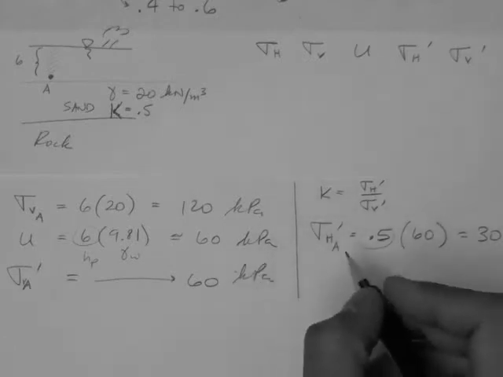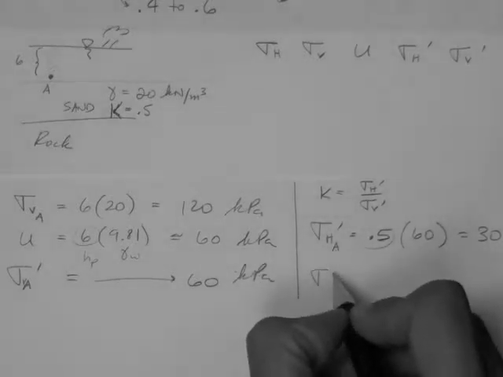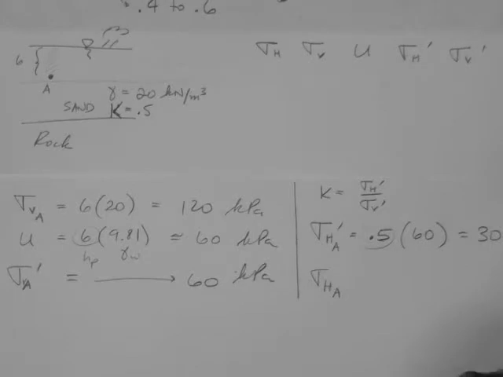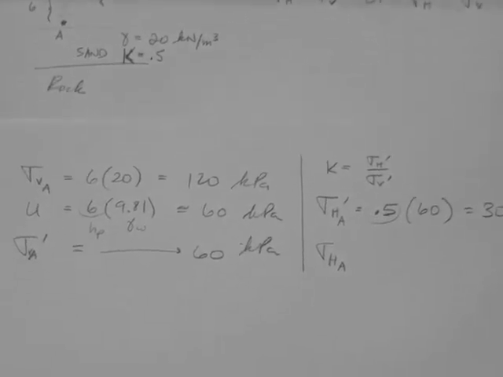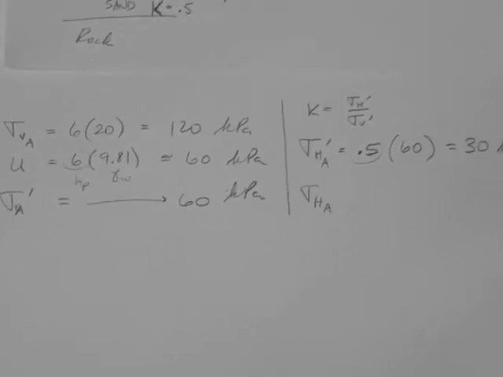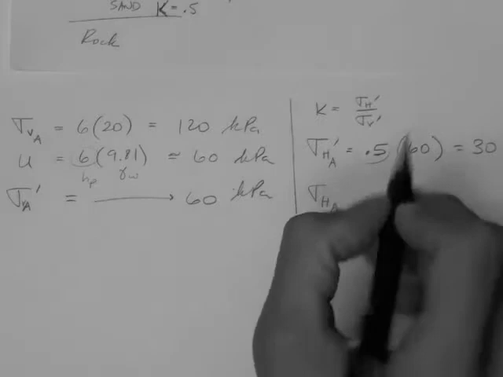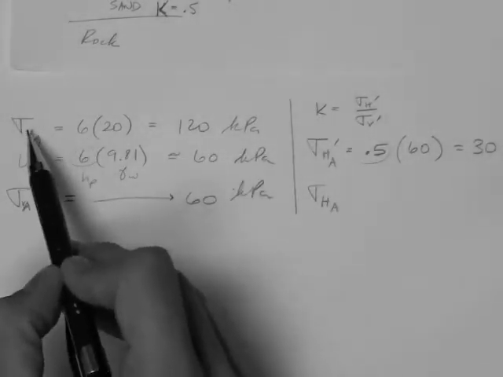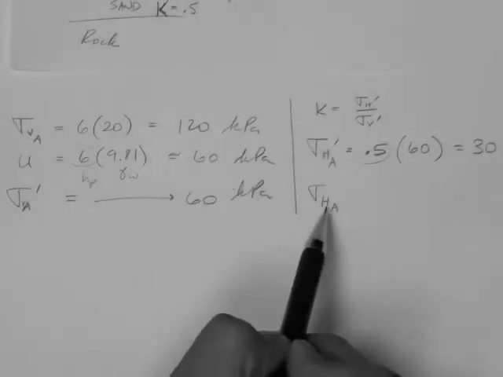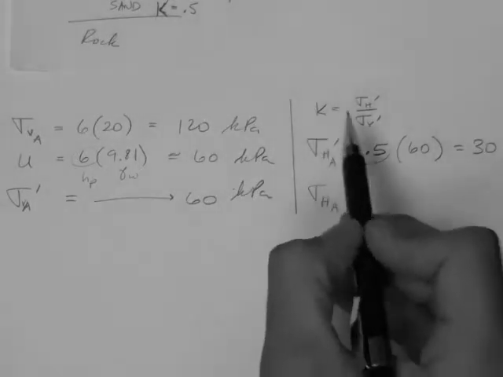Now, the last one we need is sigma H at A, total stress. What we need to do here is make sure that we don't make the mistake that many people make, which is to assume that we can multiply sigma V A times 0.5 and get sigma H A. That doesn't work. Why?